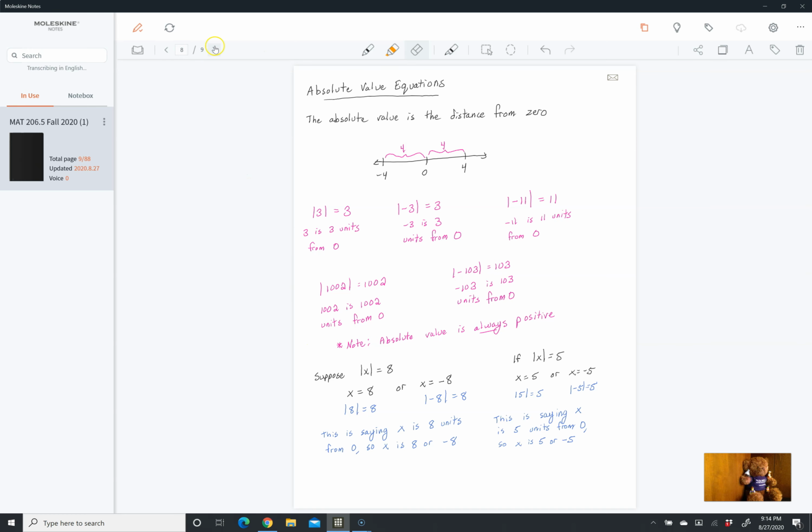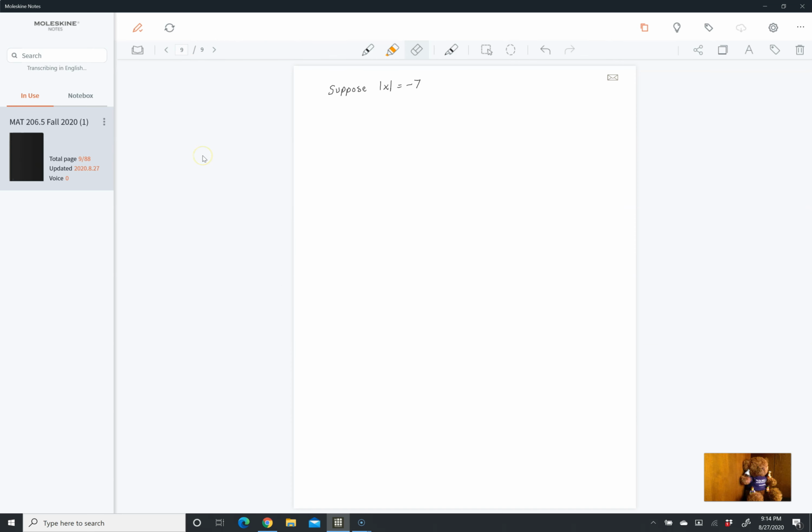We can't say that x is negative 7 units from 0. Absolute value is not negative. So what does that mean?